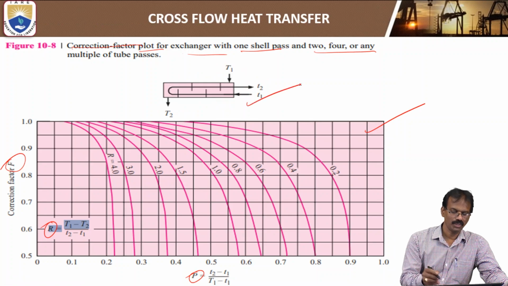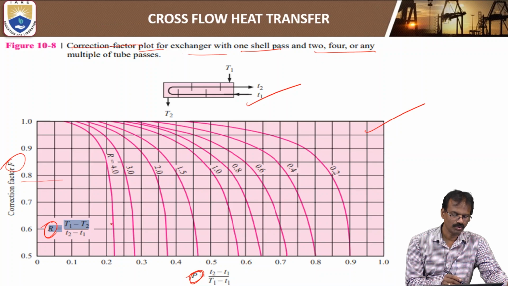By using this one, you can see this is the P value and these are the R values. These are the graphs. By using these R values and P values, you can take the F value.